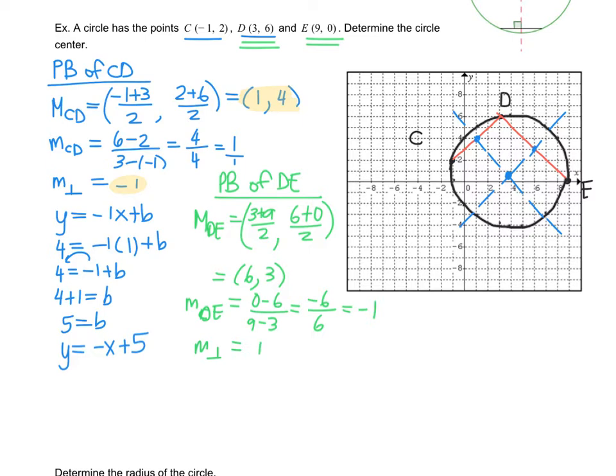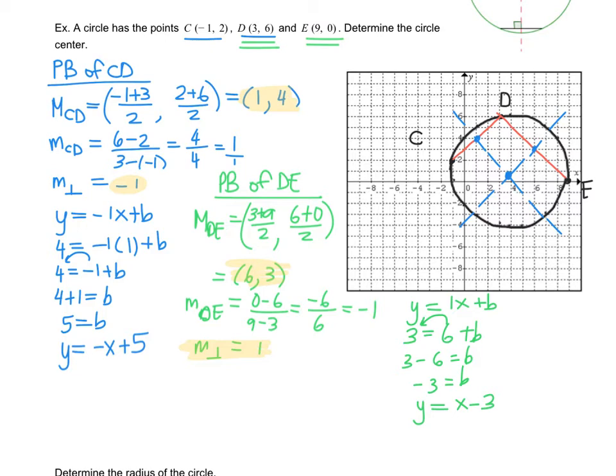And now, using my perpendicular slope and my midpoint, I'm going to find the equation of this perpendicular bisector. So y equals 1x plus b. Plug our midpoint in, 3 for y, 6 for x. Let's bring that 6 over, and we get negative 3 for b, which makes our second perpendicular bisector y equals x minus 3.